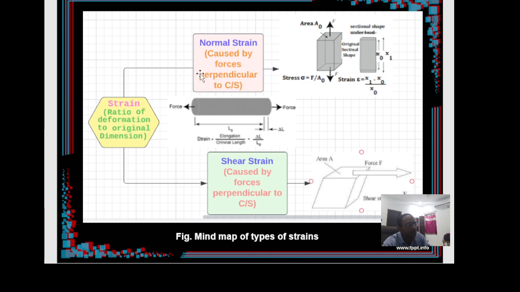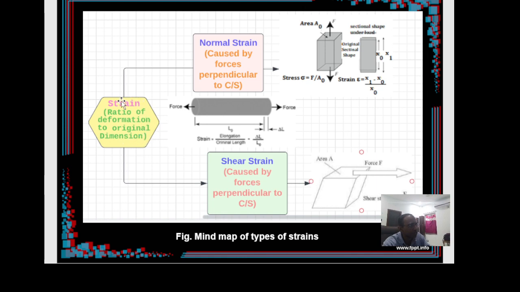The summary, you can just look at it for retaining the information. We have defined the strain as the ratio of the deformation to the original dimension, which was basically caused by the externally applied forces. In the process of resisting the deformation caused, stress develops, of course.